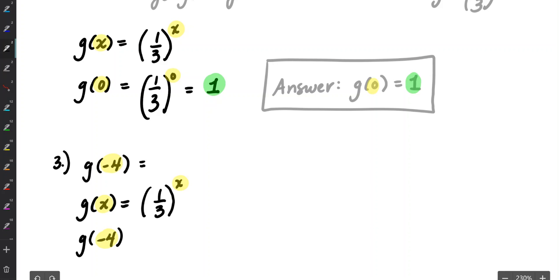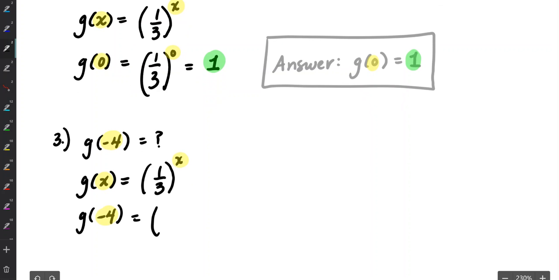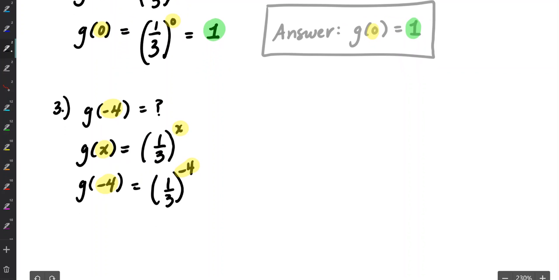Maybe we just write this, question mark. 1/3 to the -4 power. Let's go ahead and simplify this. That negative exponent is notation for reciprocal, right? 1/3 to the -4 power isn't notation for 1/3 times itself -4 times.